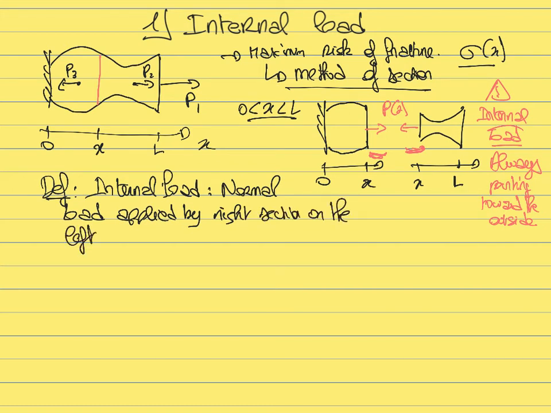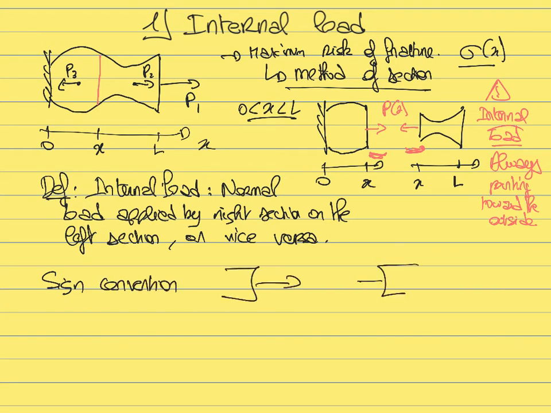This doesn't matter. You can isolate either the right or the left, and this will not affect the value of the internal load. Regarding the sign convention, we will always define the load as pointing towards the outside.